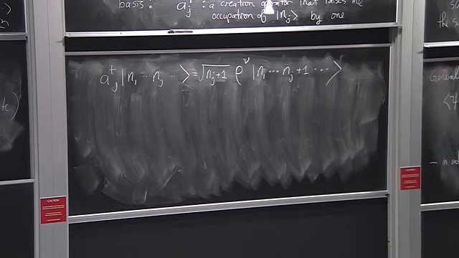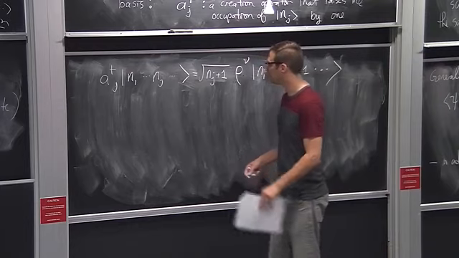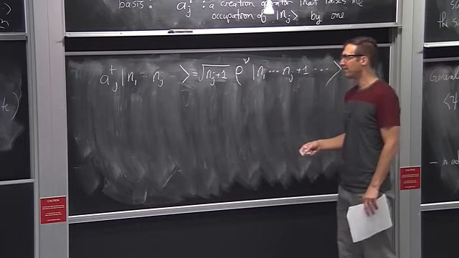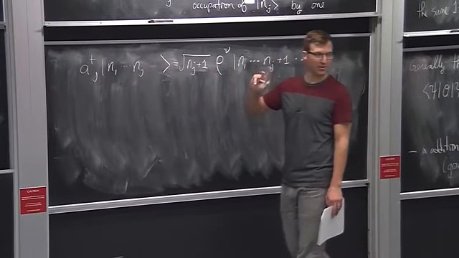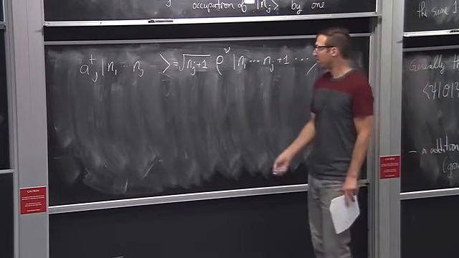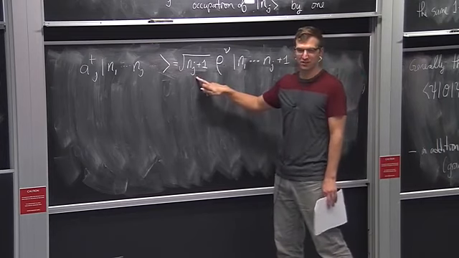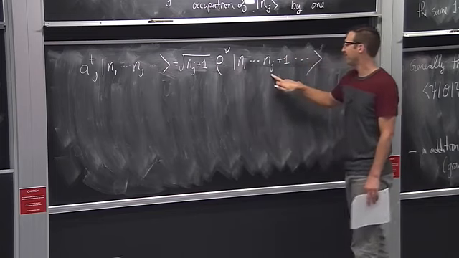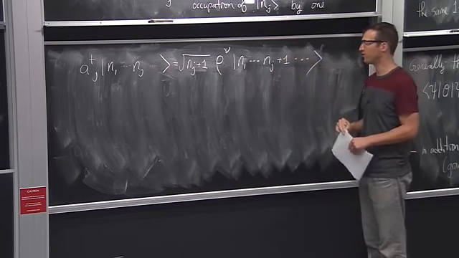Okay, so I have all these states in this occupation number basis, and I've applied an operator, which I want you to think of as the creation operator for the simple harmonic oscillator. There's a normalization out front here that I'm not proving, but it's the same as for the SHO: the square root of the number plus 1, n_j plus 1.